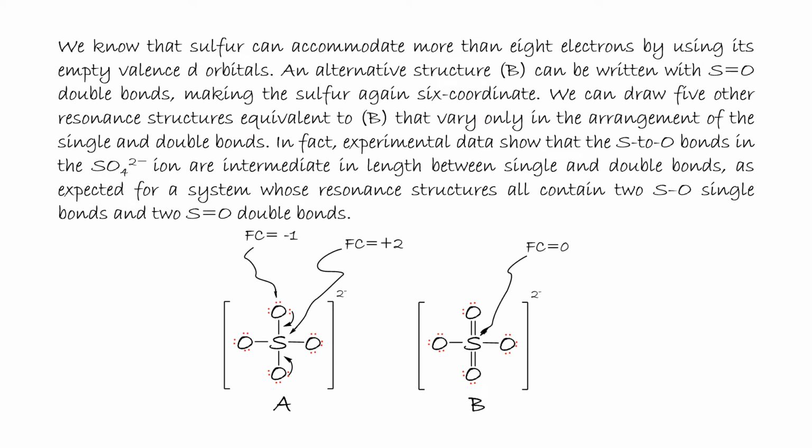Accepting this structure, we will find that the sulfur has 2 positive charges, and each oxygen has 1 negative charge. Sulfur, an electropositive element with 2 positive charges, is not acceptable.